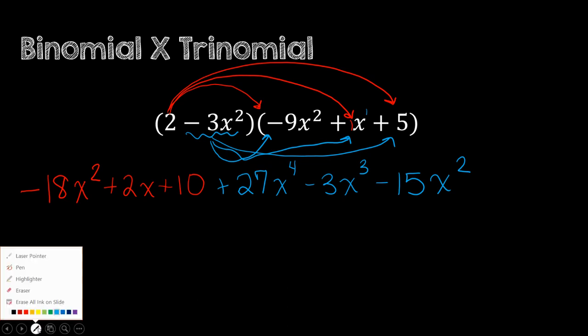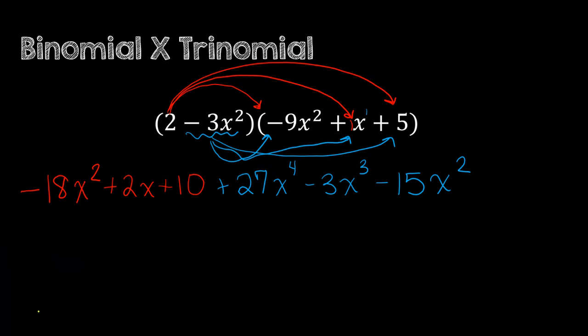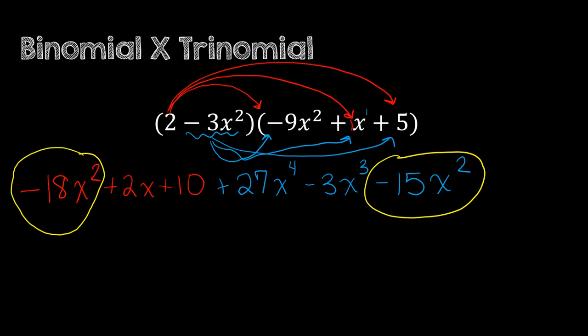Now again, here comes the time for us to combine like terms. When we go ahead and combine like terms, I'm also going to look for the highest degree. The only like terms I see are negative 18x squared and negative 15x squared. Remember to always take the sign in front of the number.